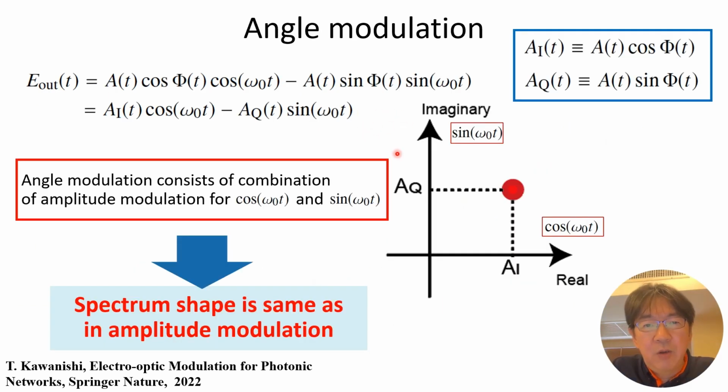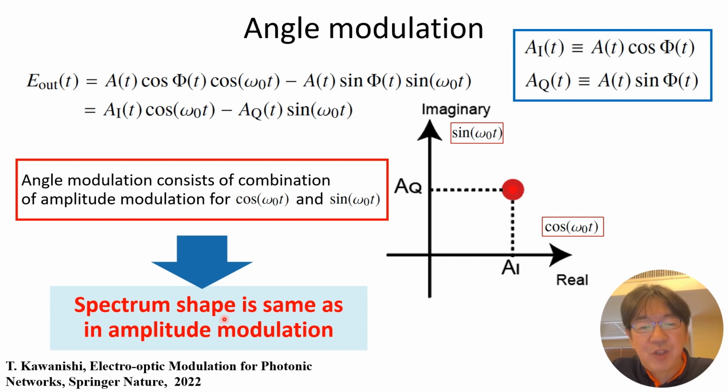We call the modulation on phase and the frequency angle modulation because it's associated to the angle part of the sinusoidal wave. As I described in the previous slide, it can be described by the combination of the amplitude modulation for cosine part and the sine part.